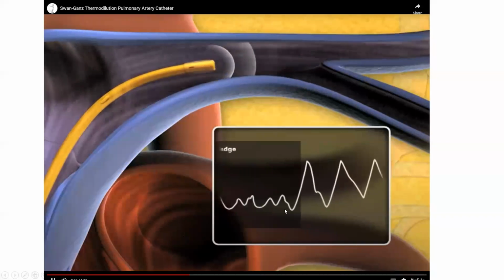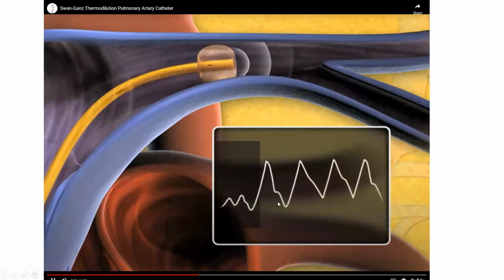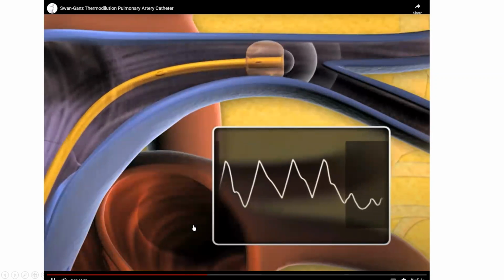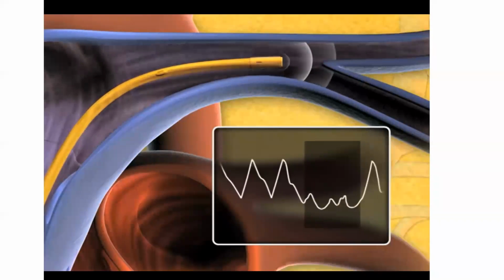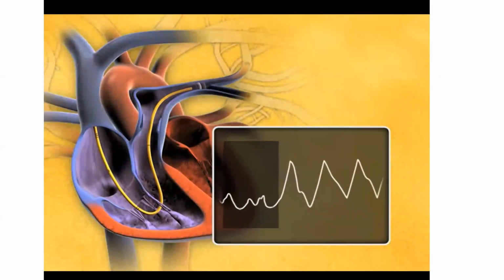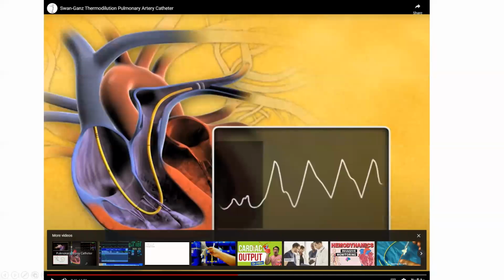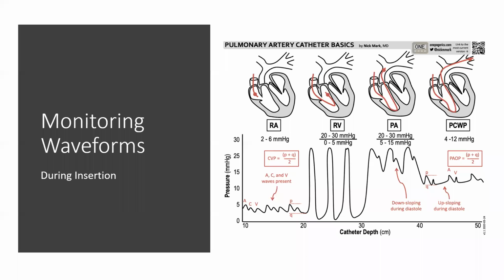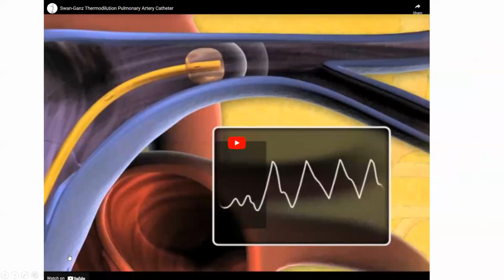So let me repeat this particular illustration again to show you the different pressures that are going to be seen. Let me just stop this and do it once again.